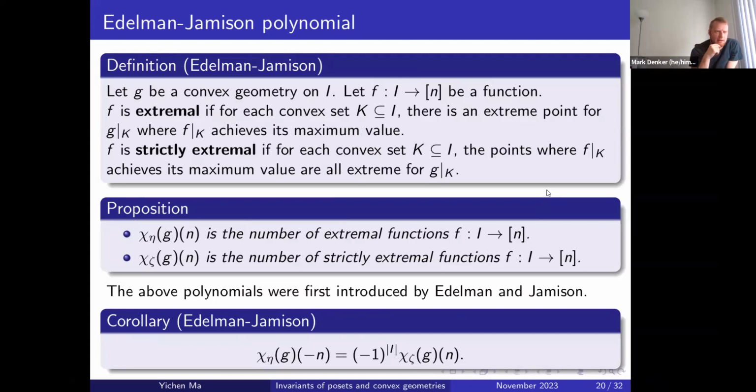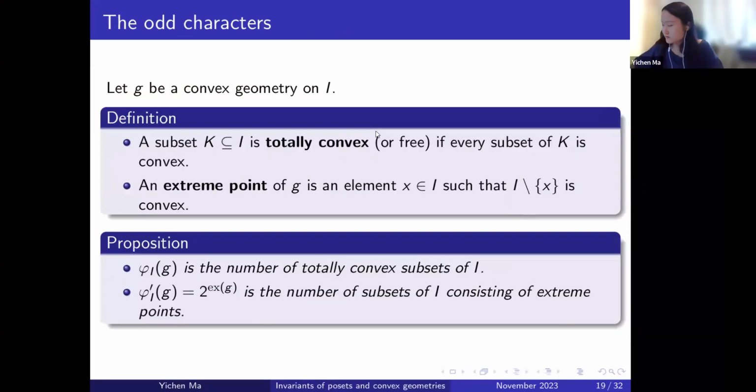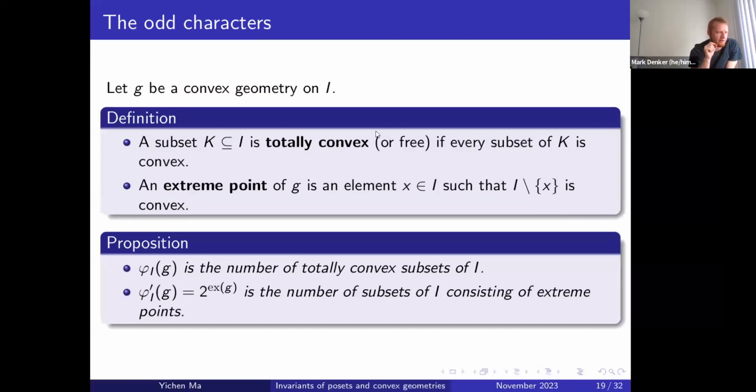Before we proceed, can we go back a slide quickly? Yes. Every totally convex subset is going to be a subset consisting of extreme points, but a subset consisting of extreme points isn't necessarily totally convex, because you can go down one level and you'll stay convex by removing any element, but not if you remove two elements.